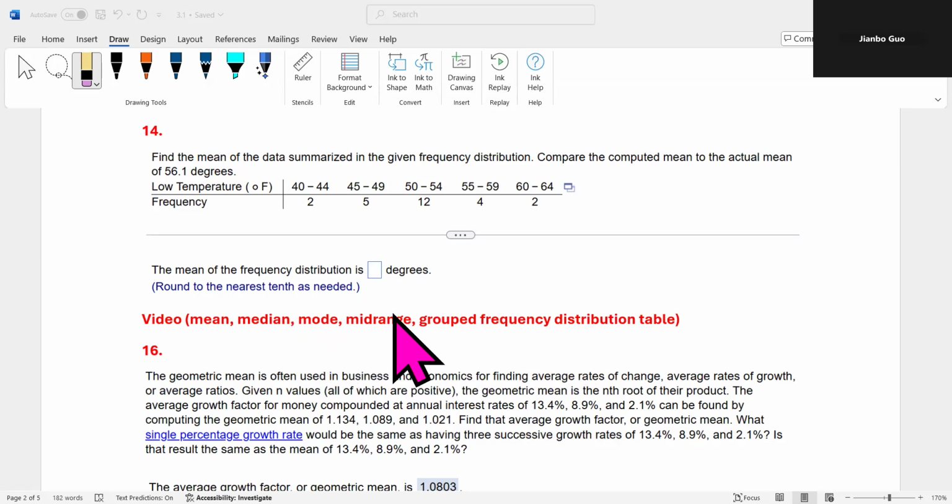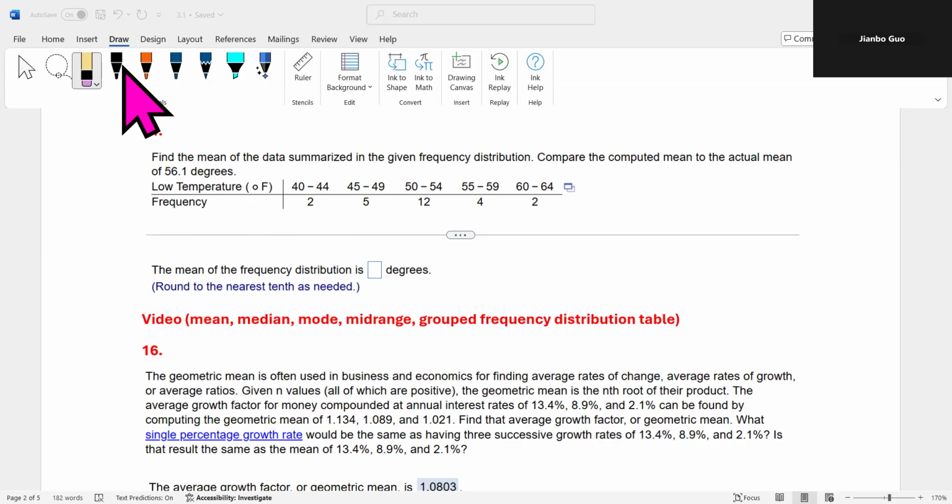In this video, we are going to learn how to find the mean for a data set that is given in a grouped frequency distribution table. Let's look at the table. The first row has the classes, 1, 2, 3, 4, 5.